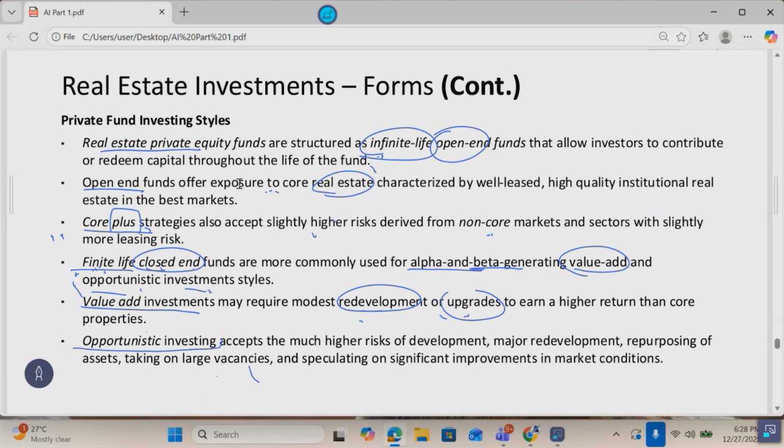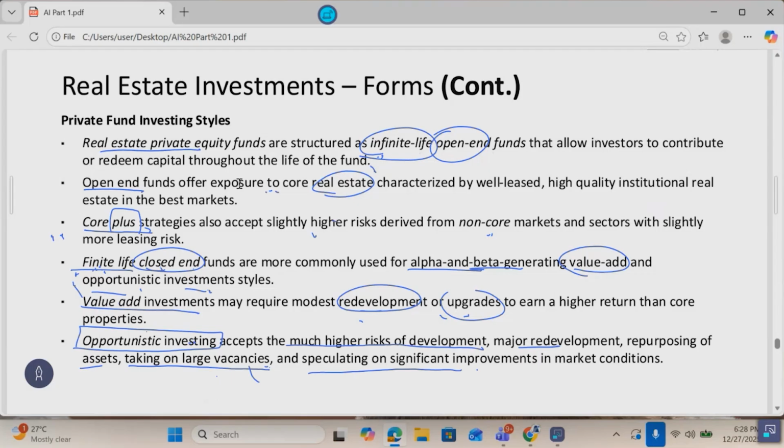Opportunistic investing means you're looking for the right opportunities to invest into something. It accepts a much higher risk of development, like major development, repurposing, and so on of assets, taking on large vacancies and speculating on significant improvements in the market value.